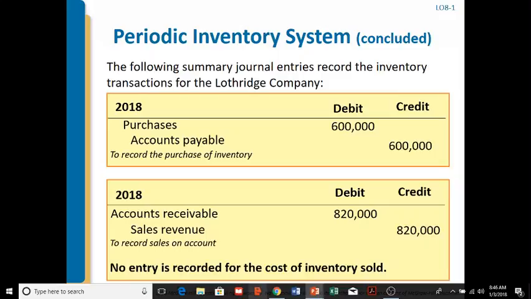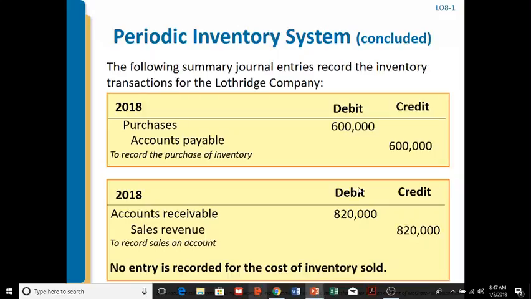And we've got to make one big debit to cost of goods sold rather than recording cost of goods sold as the sales are made. So, we have here, instead of debiting inventory, we're debiting our temporary purchases account, $600,000. When we make a sale, we just have one entry to accounts receivable and sales revenue. We're not recording the cost of the inventory sold.